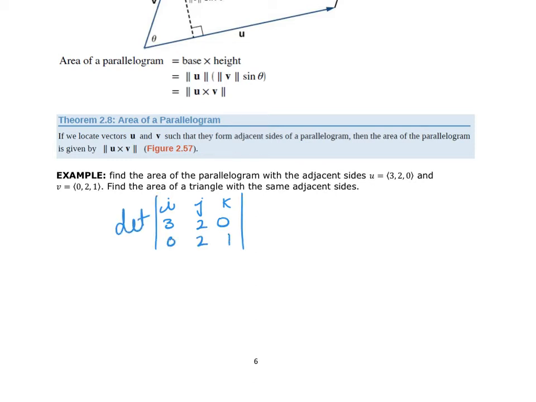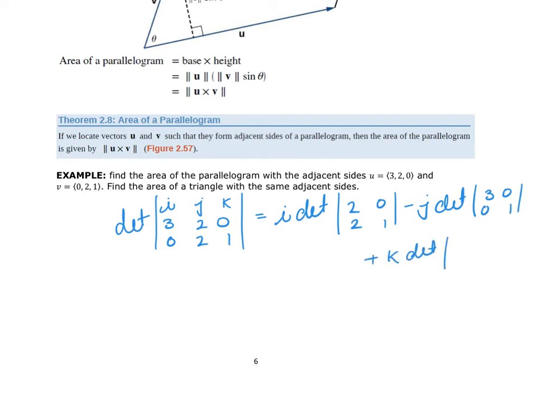Finding the determinant of this, it'll be i times the determinant of 2, 0, 2, 1 minus j multiplied by the determinant of my smaller matrix when I'm doing the cofactor expansion, which is 3, 0, 0, 1, and then plus k, and the determinant of 3, 2, 0, and 2.